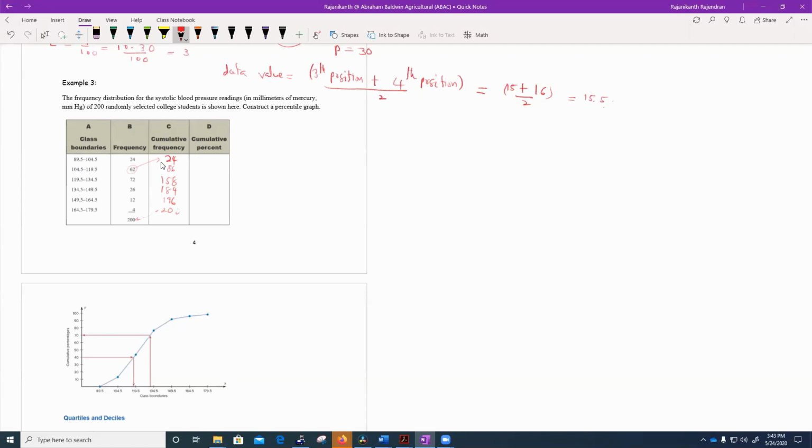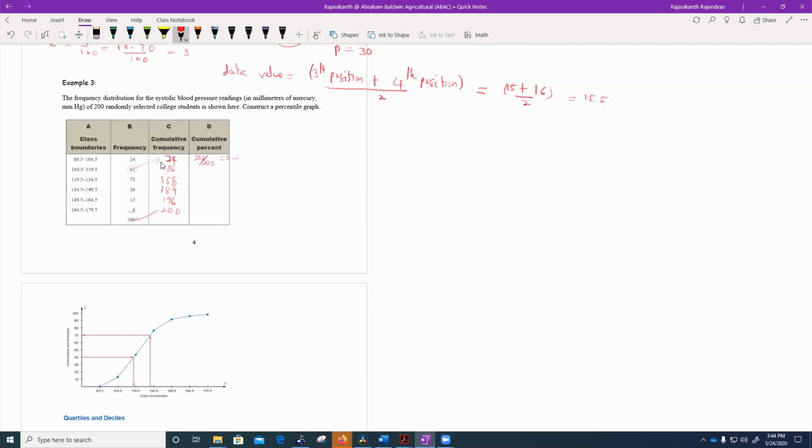Once you know the cumulative frequency values, it is easy to convert them into cumulative percentage values. Simply convert the answer into a percentage. Remember, this cumulative frequency 24 is out of how many students? 200. But you need to convert into a percentage, so simply multiply by 100.